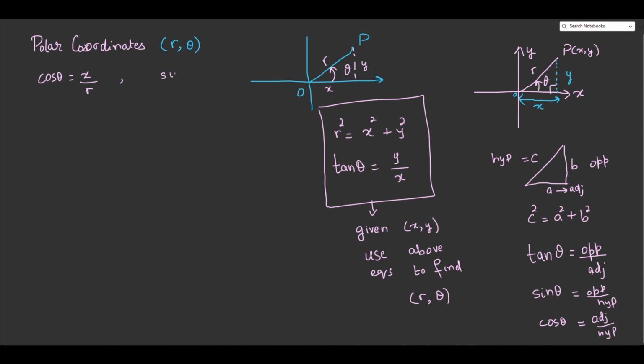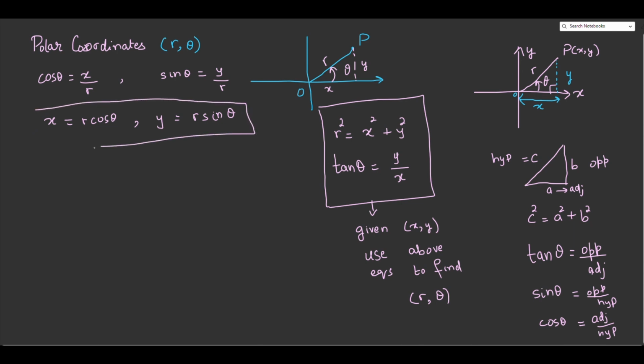And sine theta is equal to y over r. If you rewrite them, you can bring this r to the left hand side, so x equals r cosine theta, and y equals r sine theta.